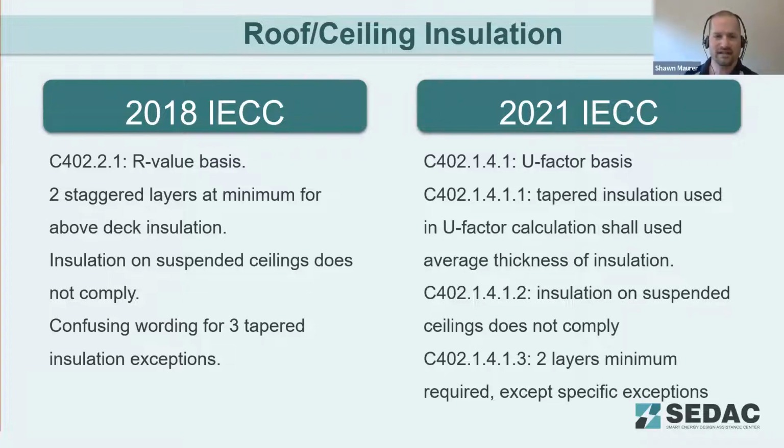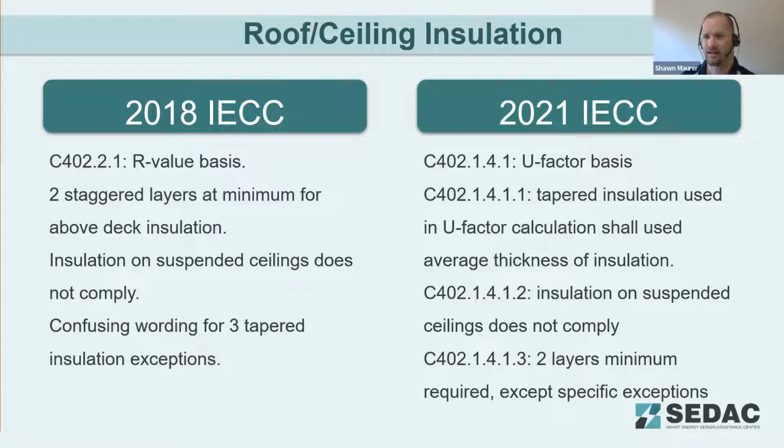For roof and ceiling insulation in the 2018 IECC, they had an R value basis in the specific requirements right up there. You had to have the 2 layers of staggered insulation. Insulation could not be placed on suspended ceilings and counted as part of the thermal envelope. And there was some confusing wording where they had 3 stipulations for tapered insulation above roof deck that have been clarified in the 2021 IECC.